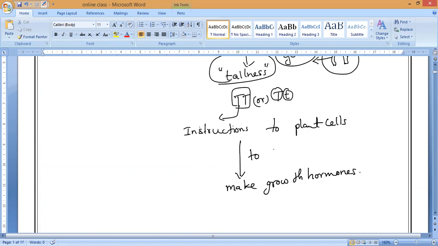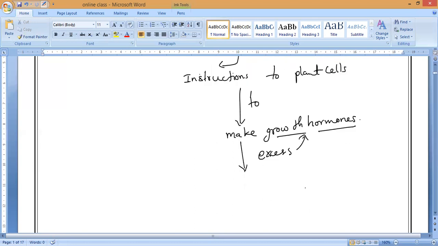This gene instructs the plant cells to make more growth hormones, so that due to the formation of excess plant growth hormones, the plant will grow too much, and it will become what, guys? It will become a tall plant. So that is what happens.